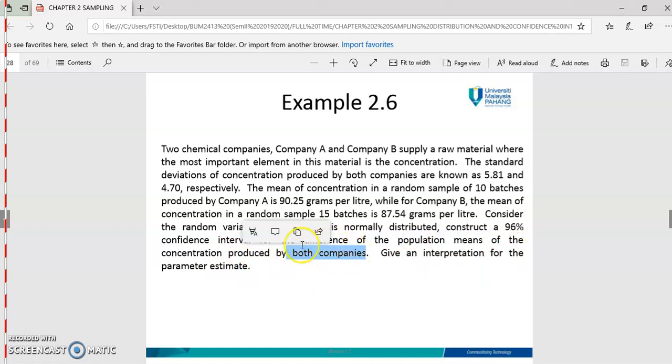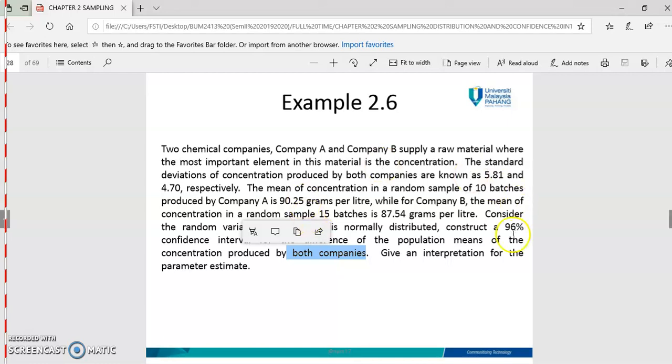Okay, so this question is a general question. General means that you can determine by your own which one is the first population, which one is the second population. So here you can do X bar A minus X bar B, or you can do X bar B minus X bar A, because the question is not specific about which one first.